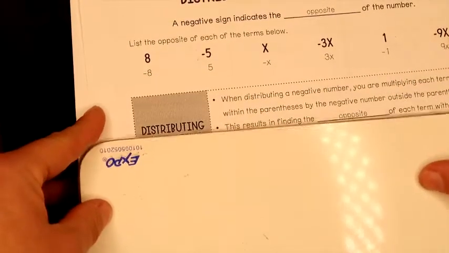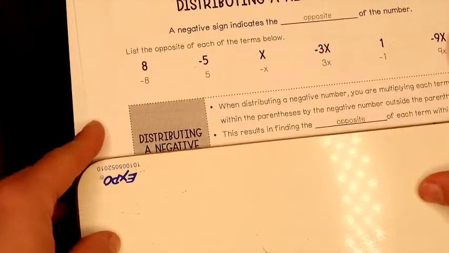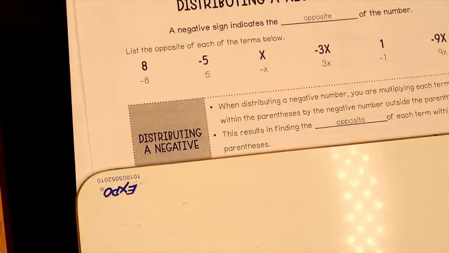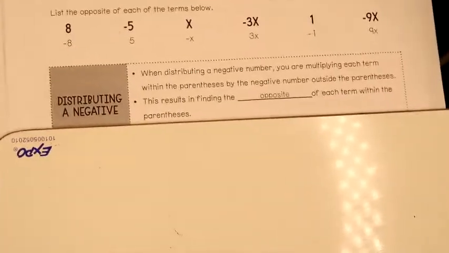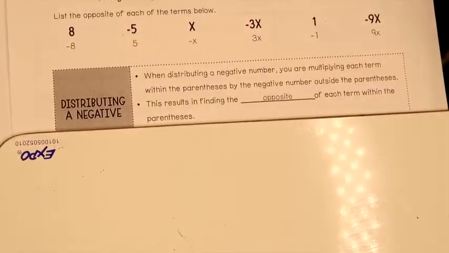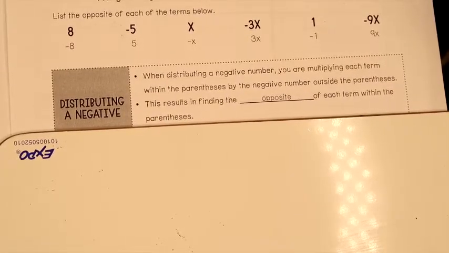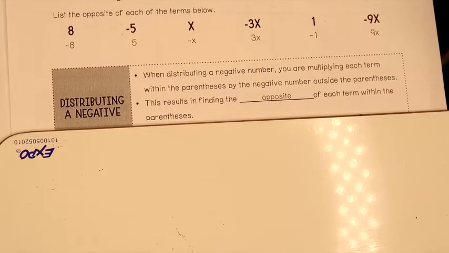So let's go ahead. Distributing a negative. Okay, follow along and make sure you guys fill in the blank, okay? When distributing a negative number, you are multiplying each term within the parentheses by the negative number outside the parentheses.